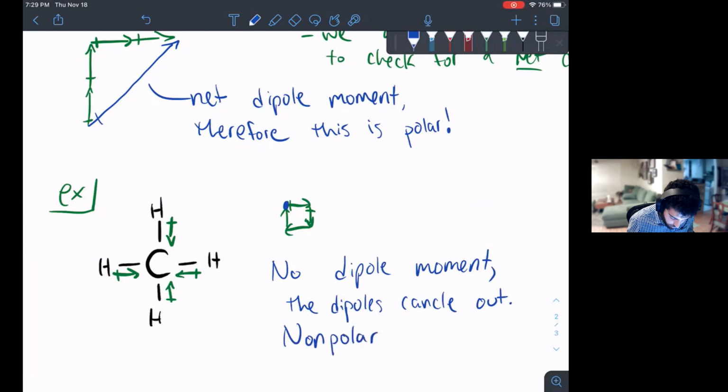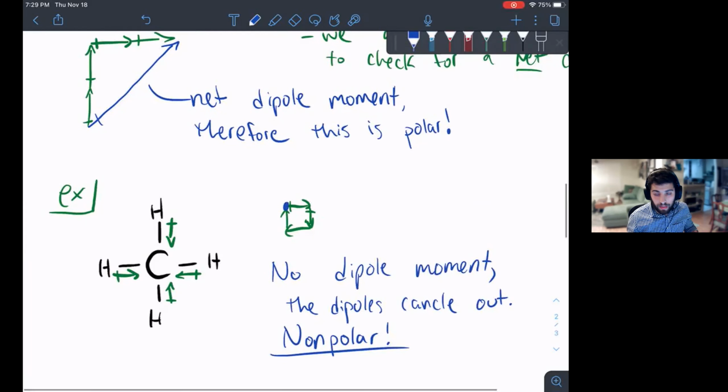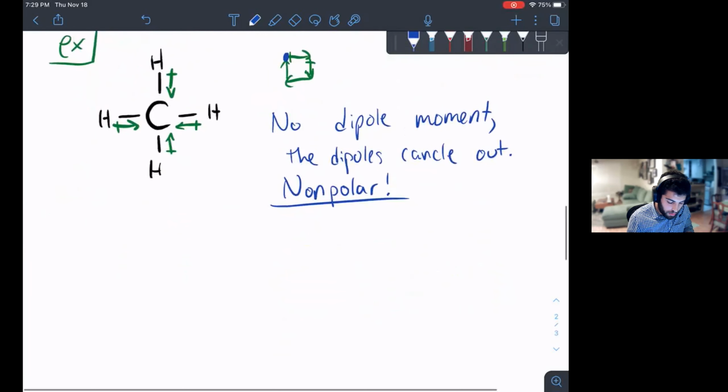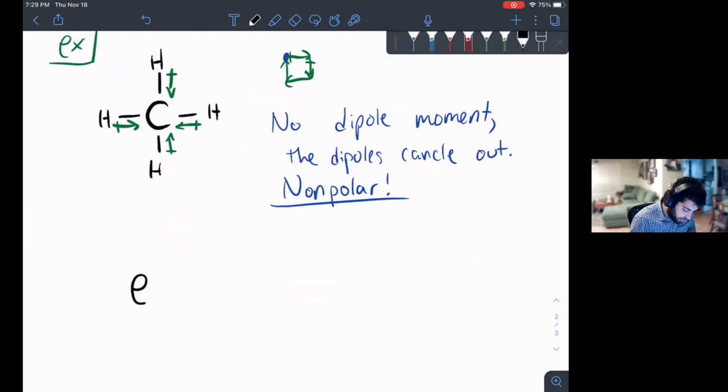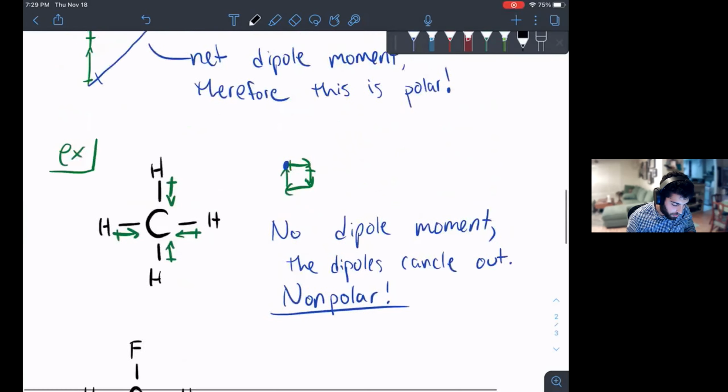All right. So the one question that's going to then come up is, well, can I draw it differently to make it seem non-polar? So if we go back to our first example of carbon, hydrogen, fluorine, hydrogen, fluorine. This is the same molecule as before.